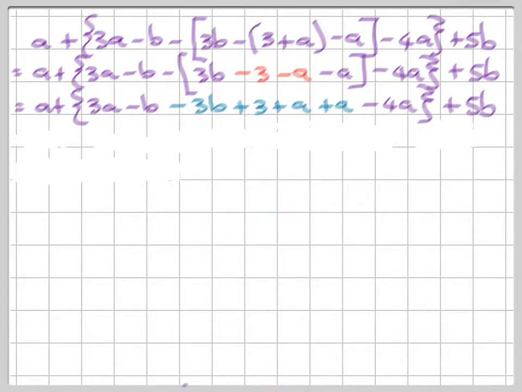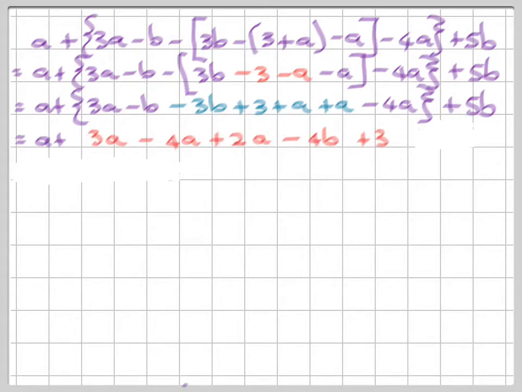So now you can see we've eradicated those and we've eradicated those. They've been rewritten already in the problem below. Now we just have one set left, these over here, and everything that's in between. So when we look at those, we end up with minus, we have plus 3a minus 4a, okay, plus 2a minus 4b plus 3.